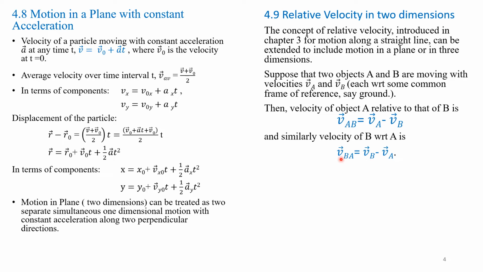That is, the velocity of B with respect to A is equal to the velocity of B minus the velocity of A. Therefore, VAB is equal to minus VBA, that is, reverse, negative. And the modulus of vector VBA is equal to the modulus of vector VAB.